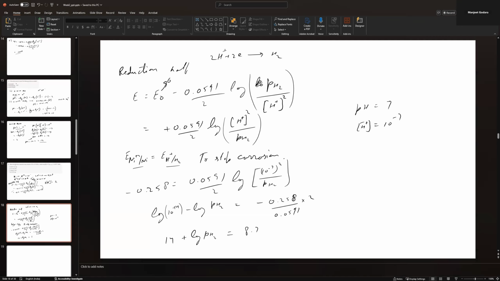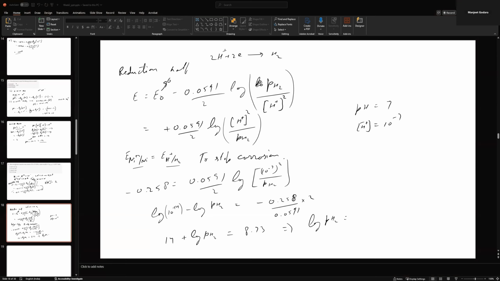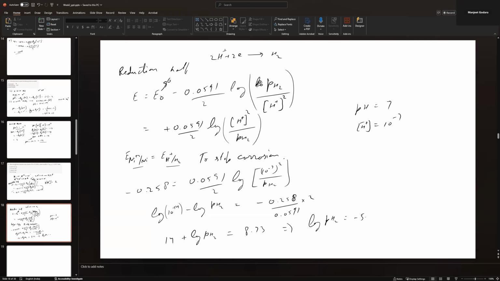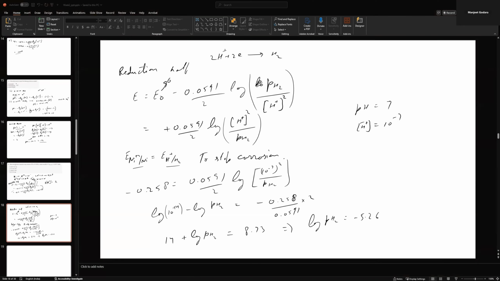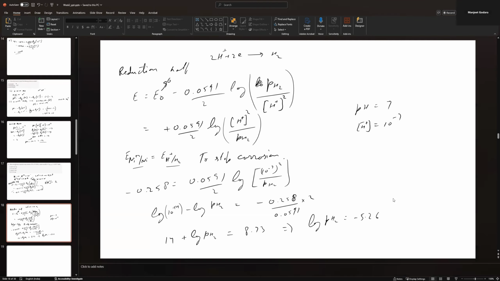This is 8.7. So log of partial pressure of H2 equals, subtracting 15 from this, minus 5.26. Okay, so pressure of H2 is equal to 10 to the power minus 5.26.